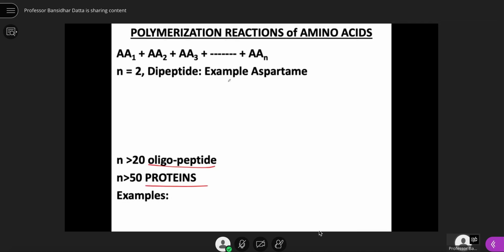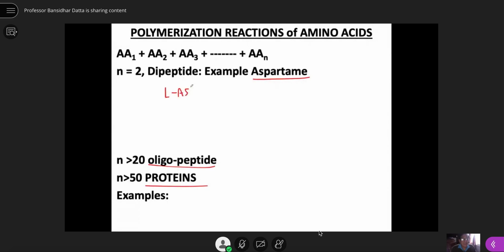One of the examples that I want to give you is a dipeptide. The dipeptide is aspartame, right? It's a sugar substitute. Aspartame is a sugar substitute. What does it have? It's a dipeptide. So it's ASP. ASP stands for aspartic acid, right?